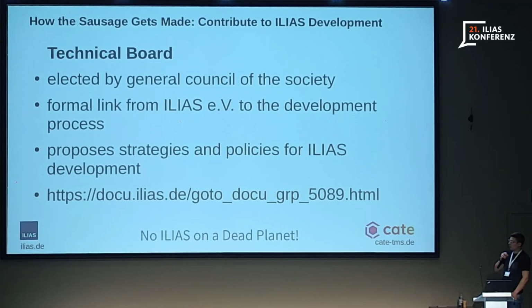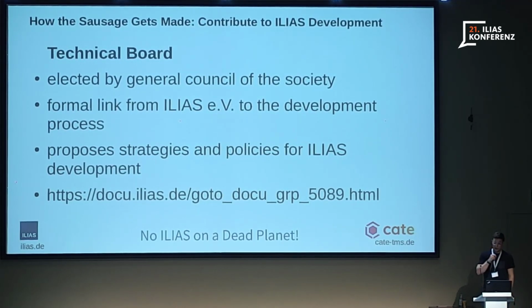I think we are the most formalized link between the ILIAS Society and the actual ILIAS development. There's a lot of obvious personal continuity, but surprisingly little formal linkage between the work of the Society and actual ILIAS development, and the technical board is, I think, the strongest of these links.